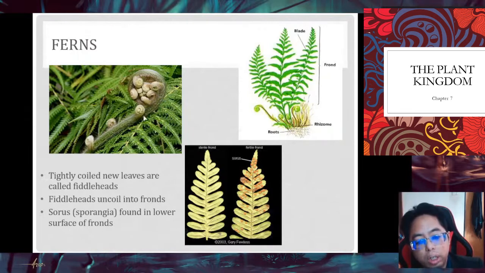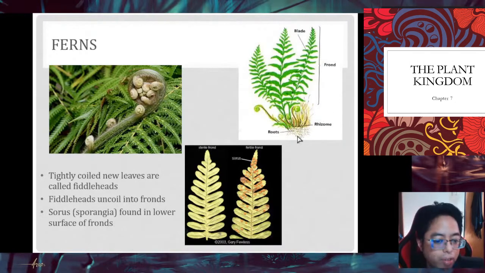If you have seen this shape, it is also the logo of the New Zealand rugby team, the All Blacks. Their logo is a fern. This fiddlehead will uncoil into leaves called fronds. So this whole body of the plant is this leaf. They don't have trunks, they don't have branches.